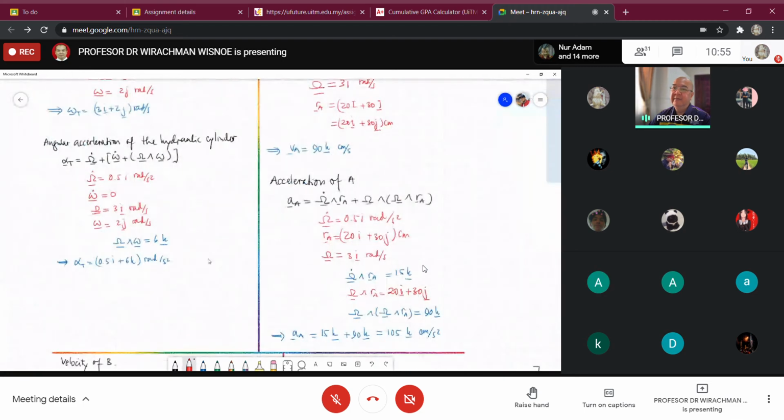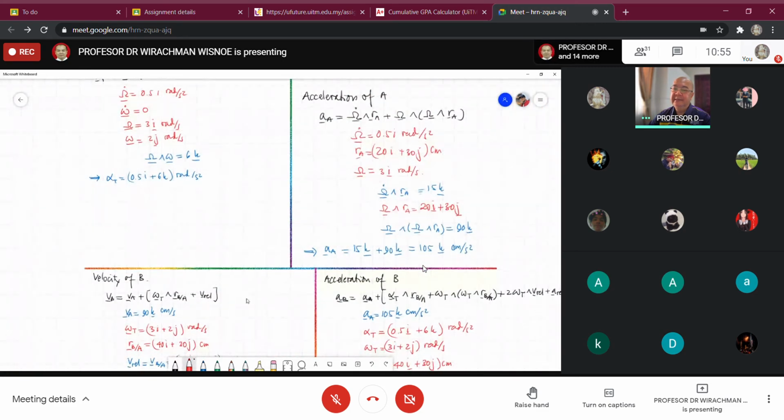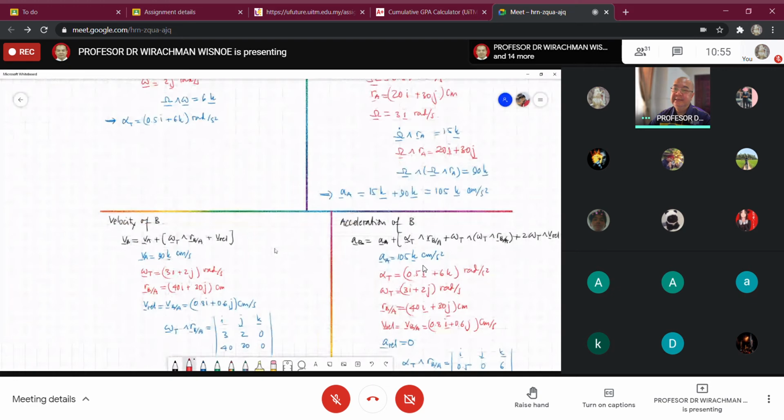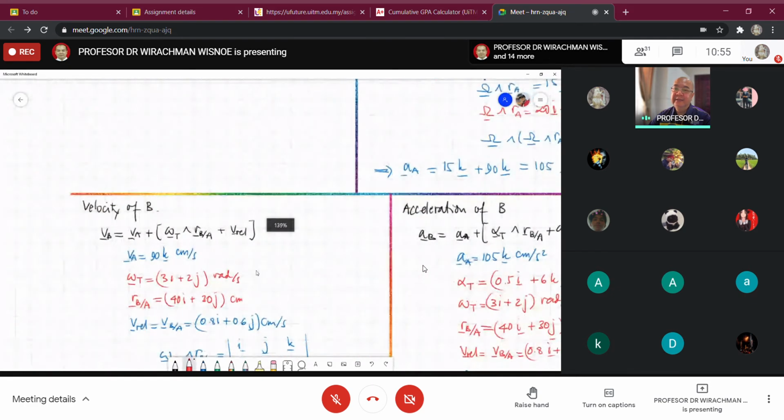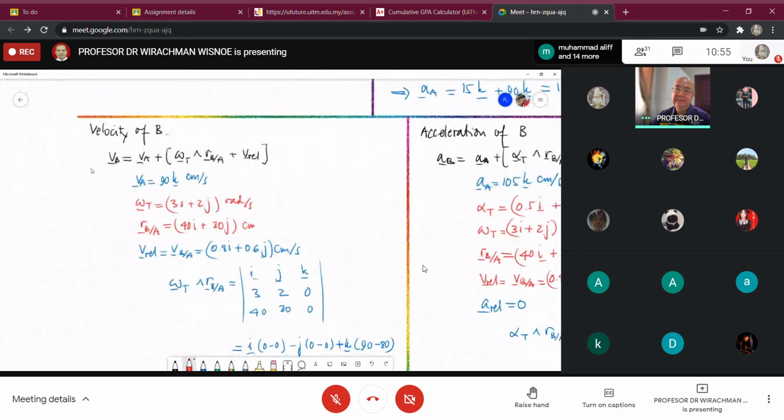And then having VA and omega t, I can calculate the velocity of B using this formula, the same one from the slides. VA is given and obtained, omega t you have, RBA is the position of B relative to A, and V relative here is the translation velocity of the slider that we calculated previously, this one.